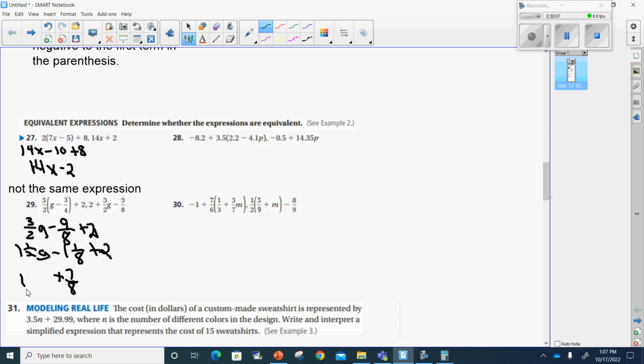So this would be 1 and 1/2 g. Oops, sorry, my mouse is really giving me problems today. And we're going to be adding 7 over 8. All right, I'm just going to clean up that 2. It's really ugly. There we go.